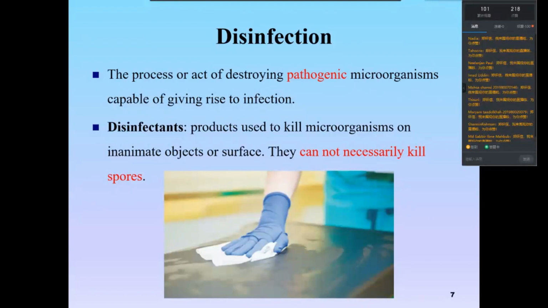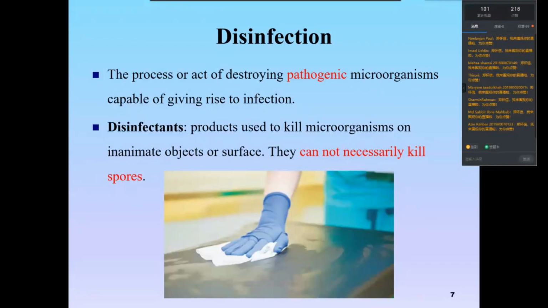Okay, so this disinfection is the process to destroy pathogenic microorganisms. The chemicals we are using here are called disinfectants, either the bleach or chlorine or alcohol, or some people use isopropanol.